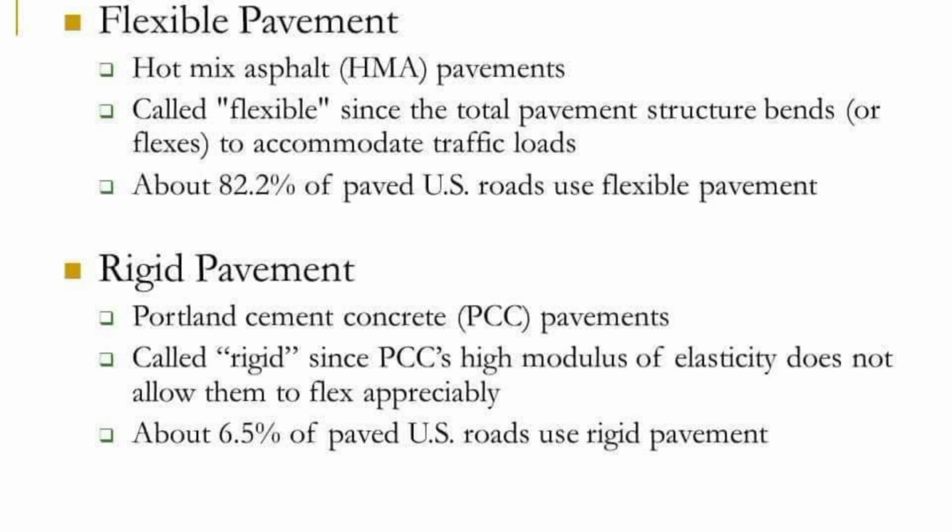The basic difference between tar and bitumen is that bitumen is made from the fractional distillation of crude oil, while the tar is made from the fractional distillation of coal. So when tar or bitumen is used as a binder, then the type of pavement is known as flexible.